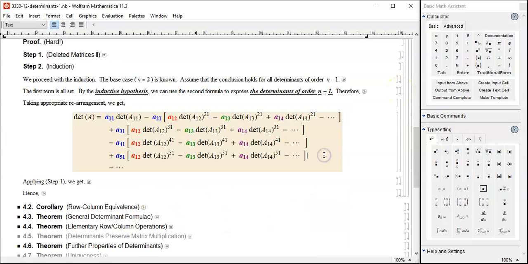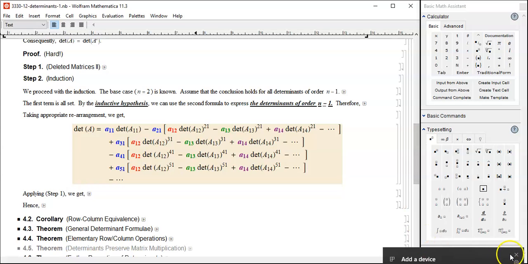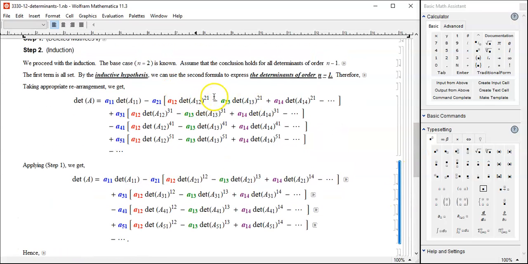Now, from this rearrangement, let's go back to step 1 and then switch the order. That's what we get. A1221, A1321, A1421, they're all changed into A2112, A2113, A2114. How about the next?